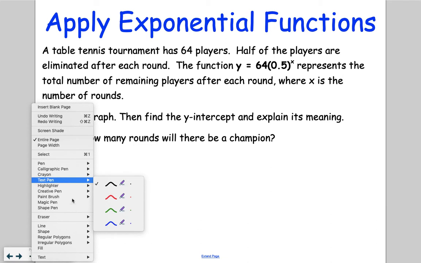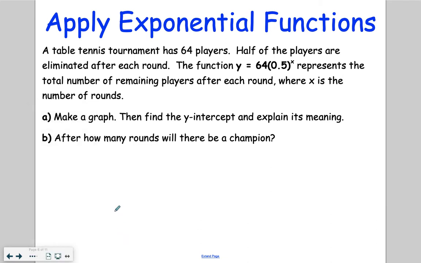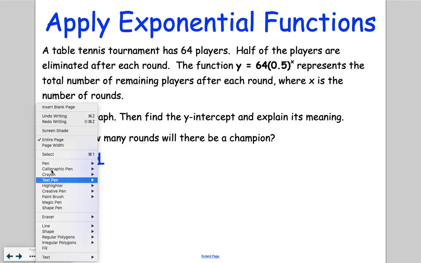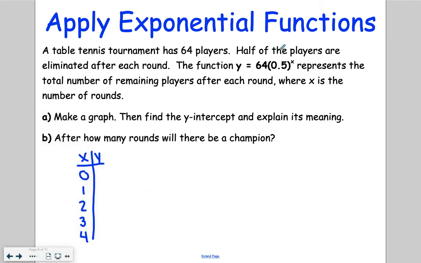So again, in this case it's a word problem, and x stands for the number of rounds. So we're going to use our word problem values, which are 0, 1, 2, 3, and 4. When you plug that into the calculator, you would enter 64, parenthesis, 0.5, and then parenthesis with the caret, and then you would start by plugging in 0.